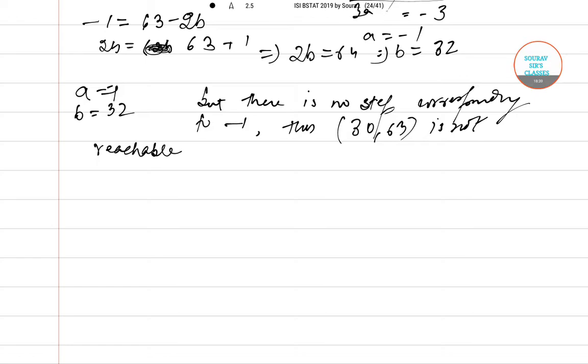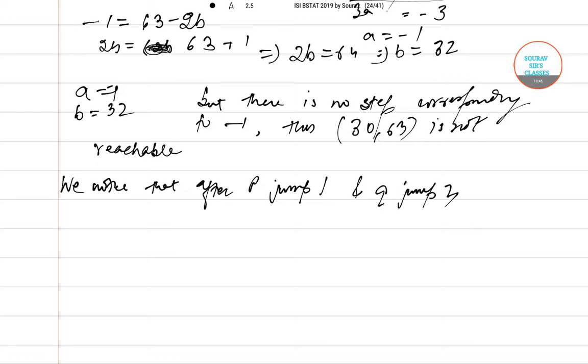Okay, so proving, we notice that after P jump 1 and Q jump 2, the final position is 2P plus Q, P plus 2Q.